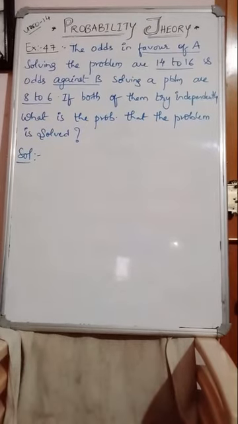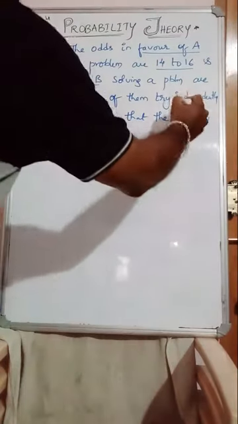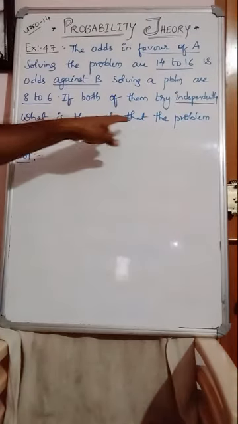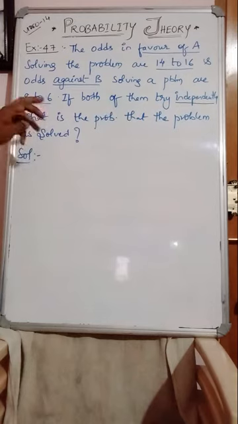Look at the next question. The odds in favor of A solving the problem are 14:16 and odds against B solving a problem are 8:6. If both of them try independently, remember this word, independently, what is the probability that the problem is solved?